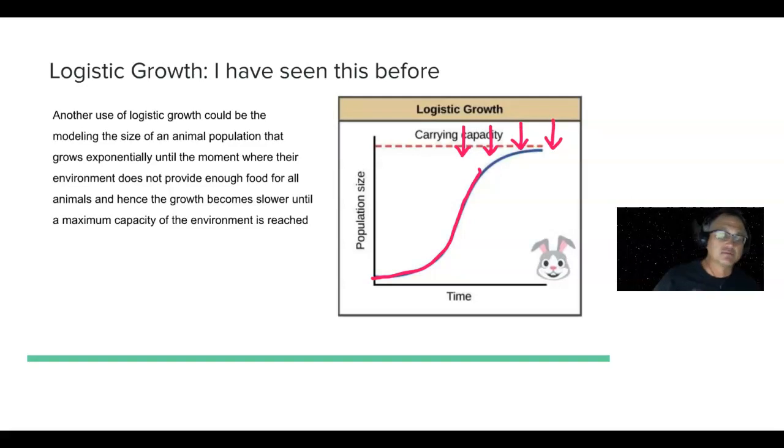Typically that involves resources, especially like food. If the environment can't produce enough food to handle the size of the population, growth is going to start to diminish.